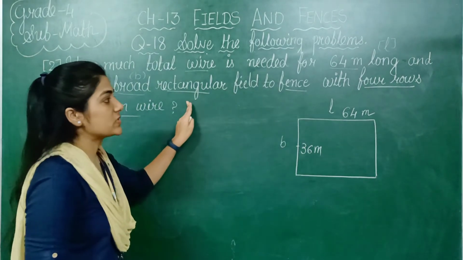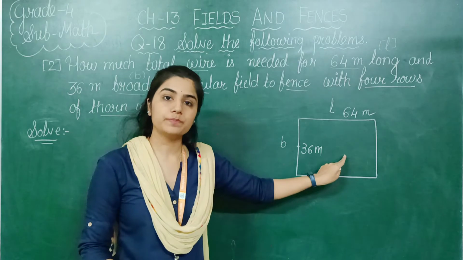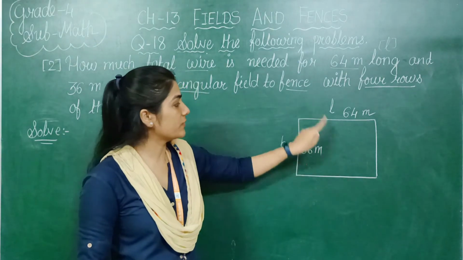So first of all we have to find the perimeter of the rectangle shape, meaning of this field.